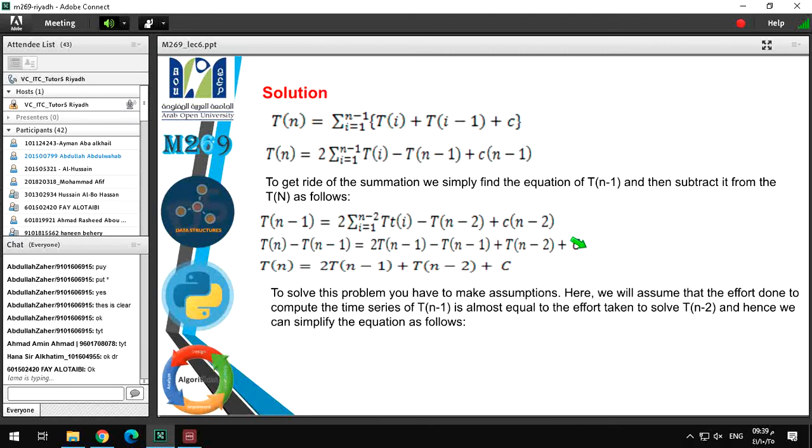So here what we do, we have to make an assumption. We will assume that the effort that we are taking in finding t(n-1) is similar to the effort we are using for finding t(n-2). So we will consider both of them as t(n-2).